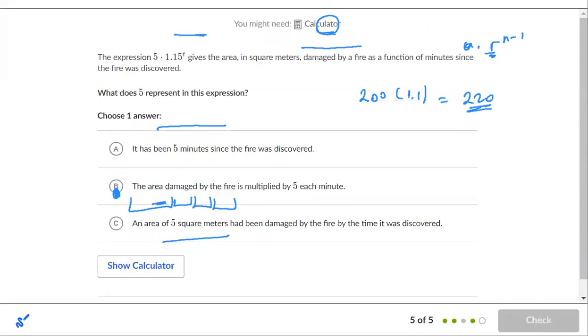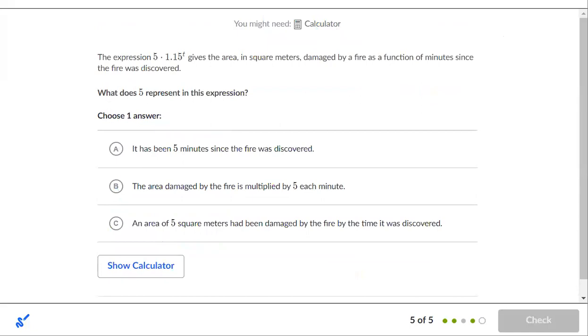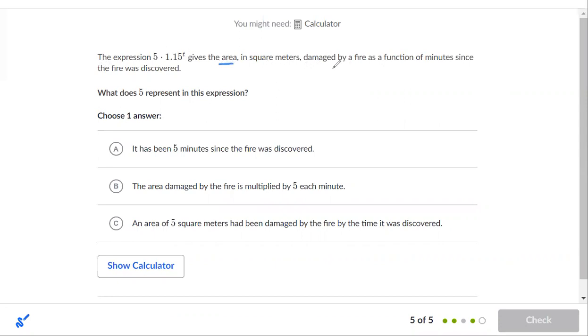Okay, let's try this one. So what we are going to be doing with this, when you actually have something like this, I would plug in some numbers for t. It says this expression is going to give us the area which is damaged by the fire as a function of minutes since the fire was discovered.